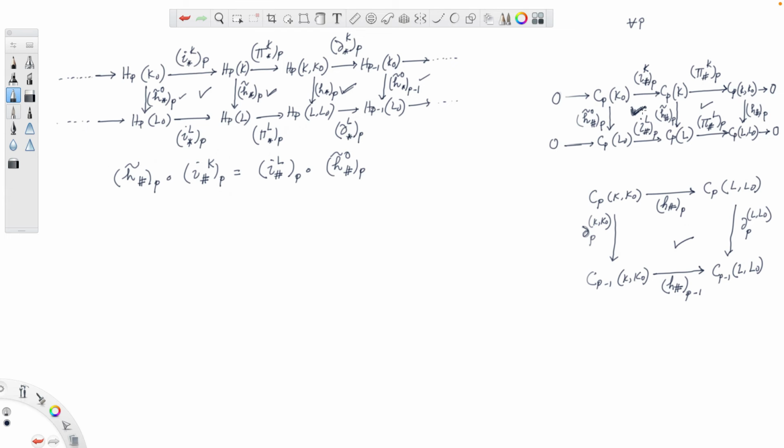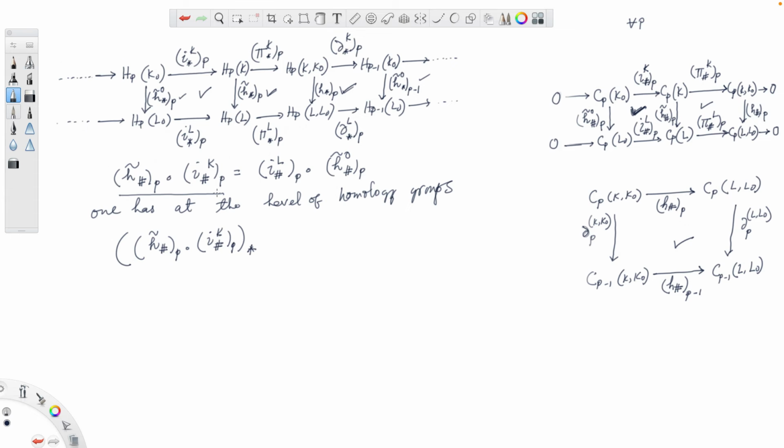And from this one has, at the level of homology groups, H tilde hash at P composed with I hash K at P. This is the induced homomorphism at the level of homology groups corresponding to these composed homomorphisms at the chain level.